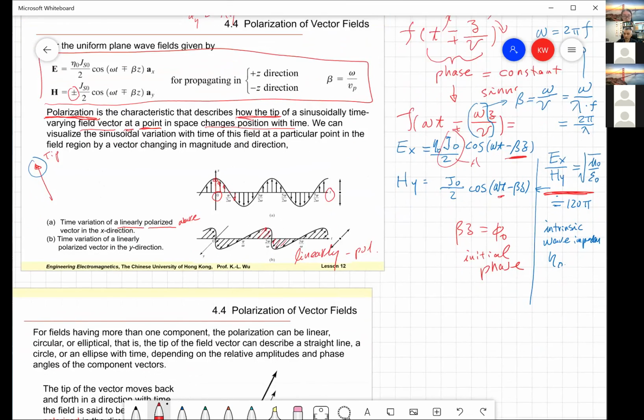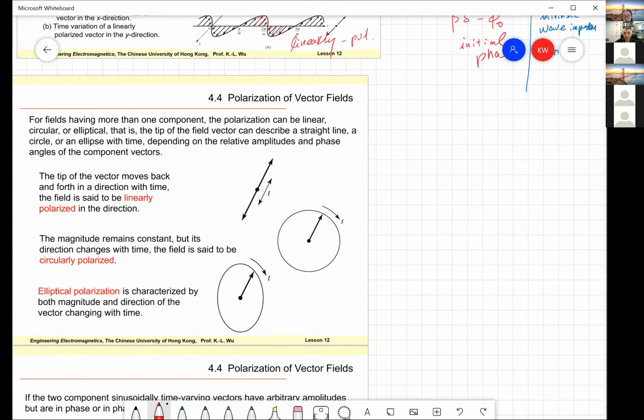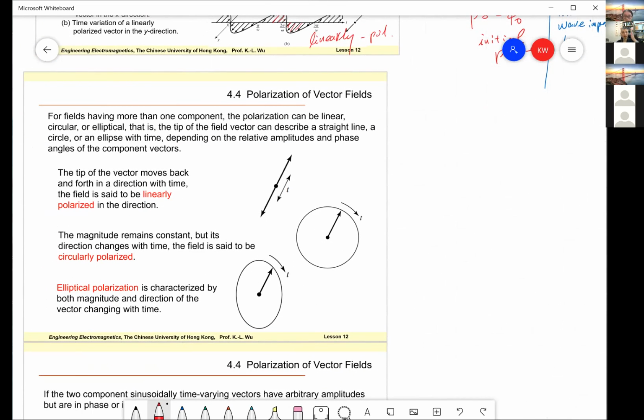But it's not true that the wave always polarizes along a line. The electromagnetic wave can polarize linearly, or we can design the antenna to launch an electromagnetic wave in such a way that the tip of the polarization rotates along a circle, but with constant magnitude.